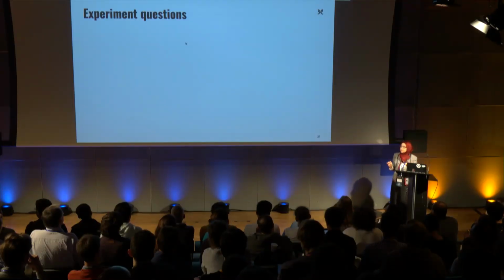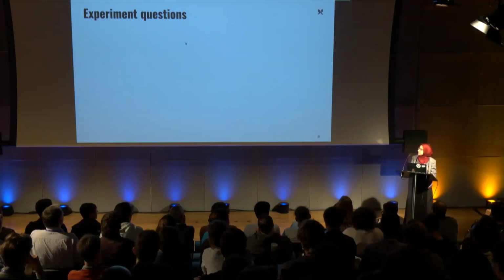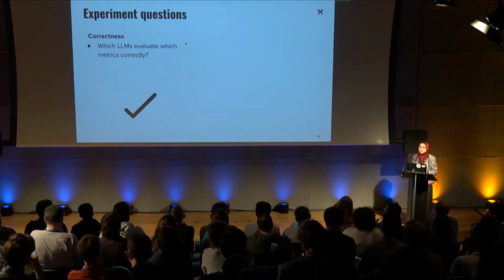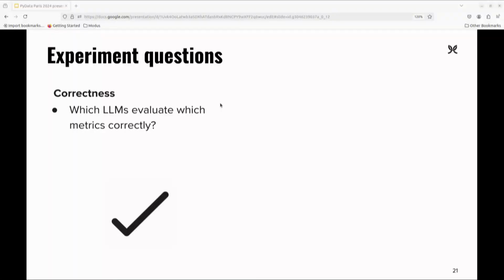Okay, so we actually have 2 basic questions that we wanted to answer in this experiment. The first question is whether the metric values that we are computing are correct. So if I am computing answer relevancy, for example, is it correct or is it not?